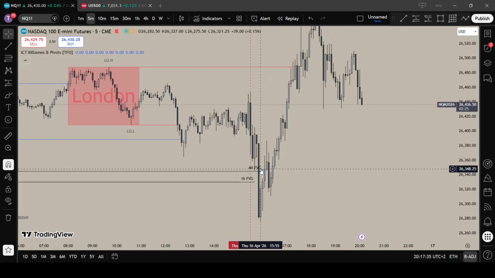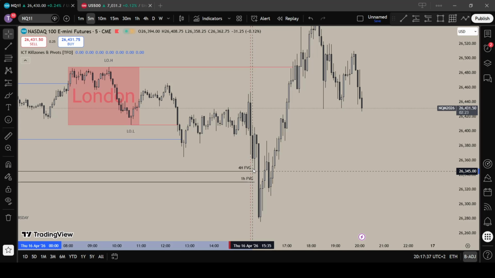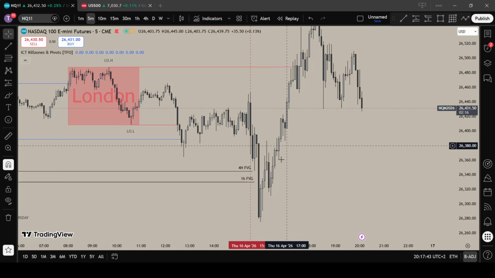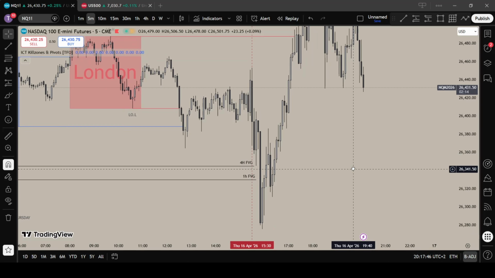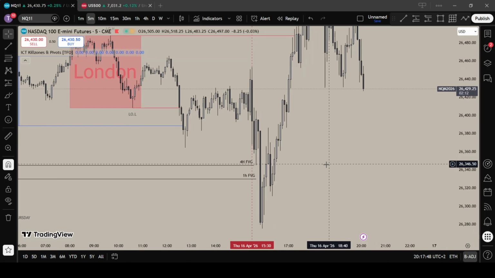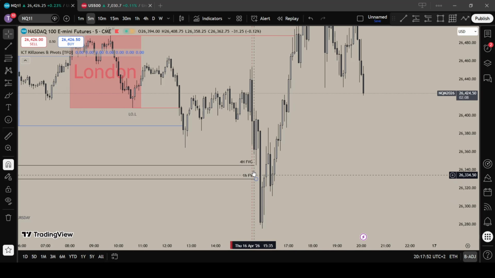Now what we do, market opens, and what it does is it manipulates to the downside to our PD areas, or how I call it, our areas of inversions. As we can see, market dumped straight down to our 4-hour unmitigated parallel gap and 1-hour unmitigated parallel gap right here.